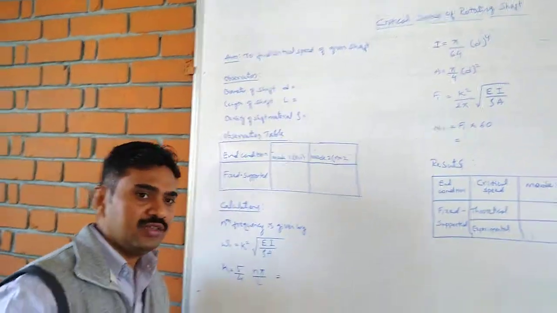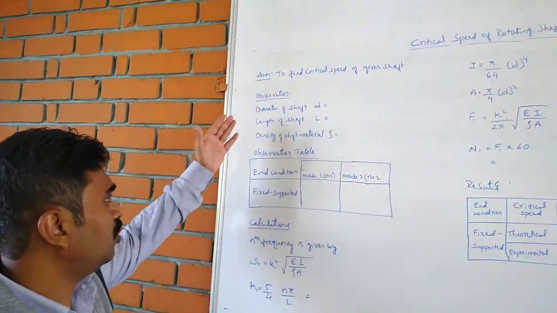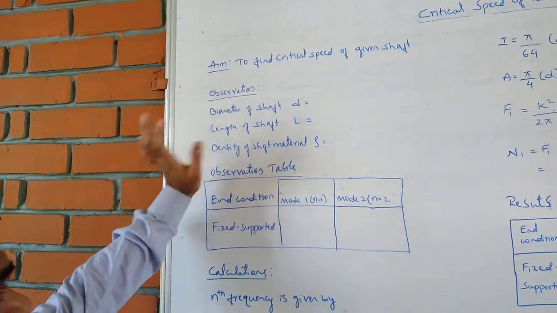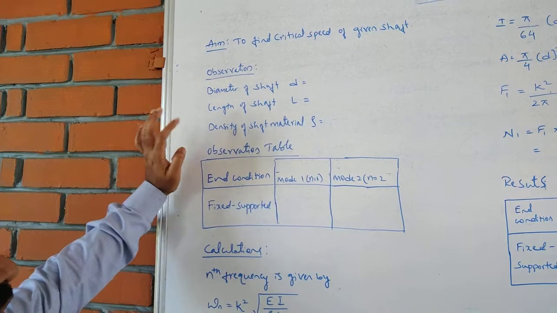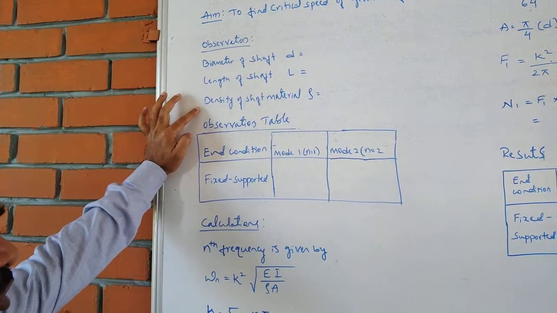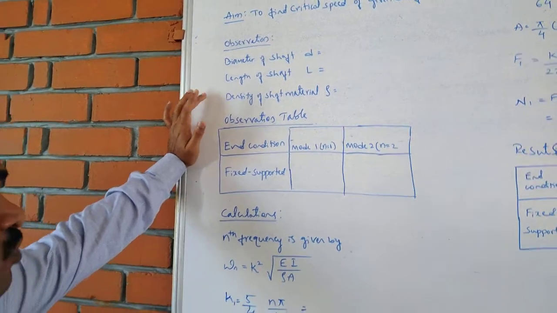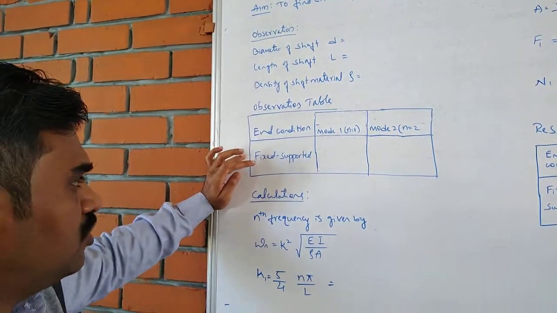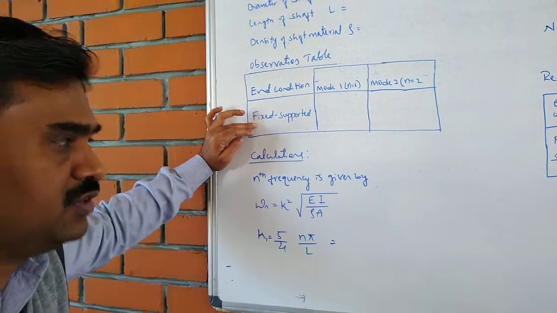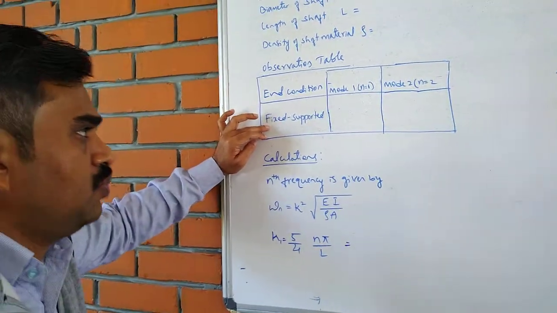To conduct this experiment, the following things are to be noted down. The diameter of the shaft, the length of the shaft, and the density of the shaft material we should know. We are conducting this experiment in the fixed-supported end condition, where at one end the shaft is fixed and the other end is supported.